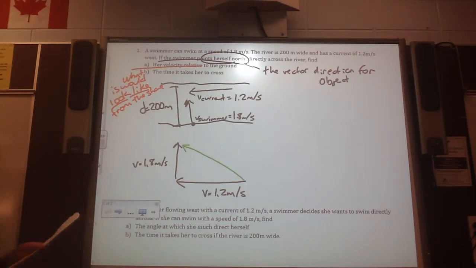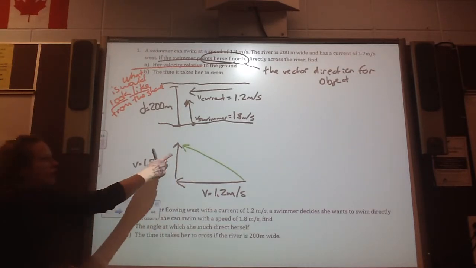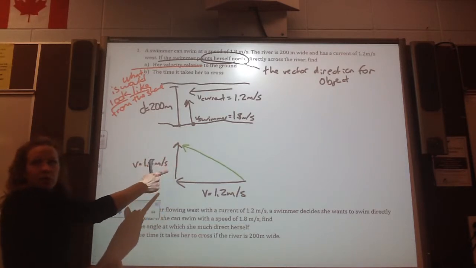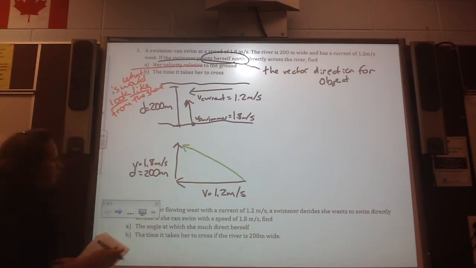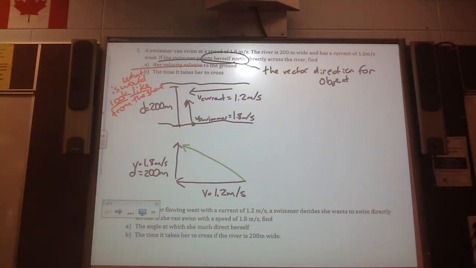I also know another piece of information. I know the distance of my vertical vector. I know that this distance is 200 meters. So this is just setting up what I know, setting up my vector diagram. Now let's actually look and see what we were trying to find out.